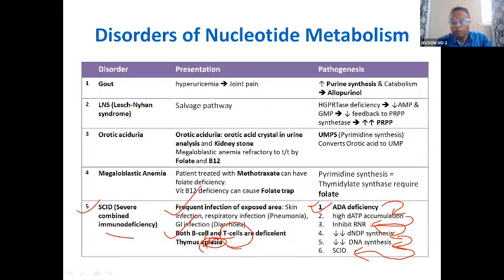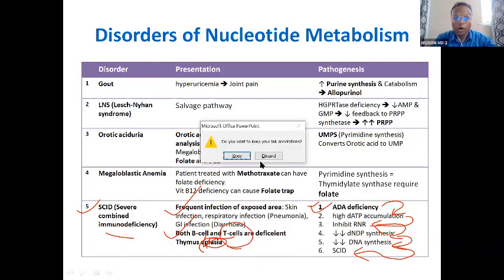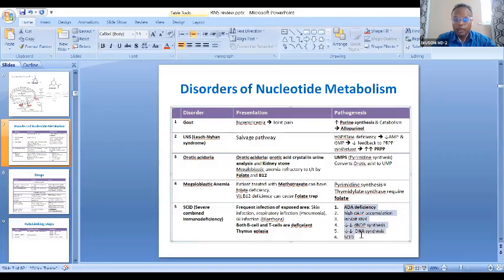These are all important points, though I have not marked them. I should mark them all, because these are all MCQs. Make it bold.